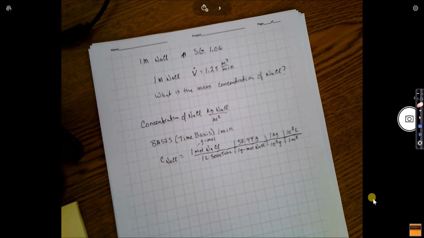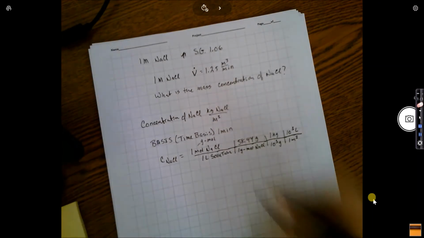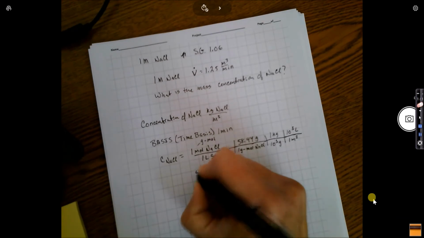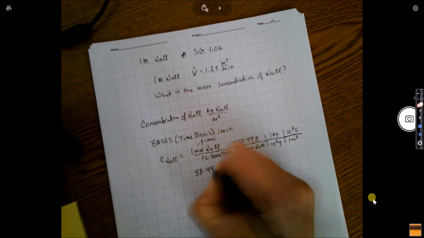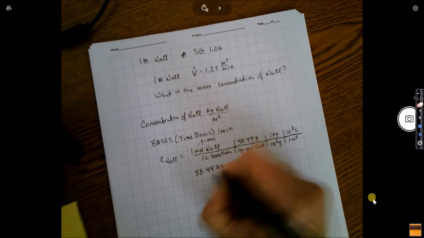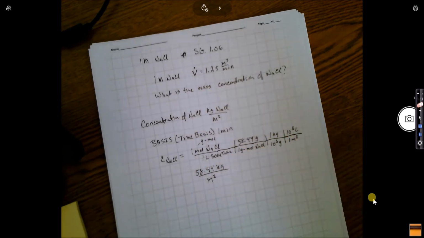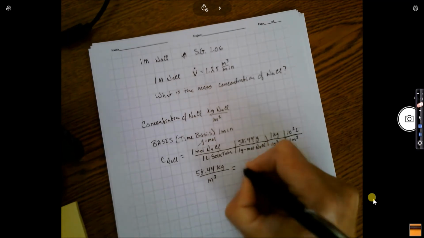It shouldn't be too complex. And the thousands cancel. So you have 58.44 kilograms in a cubic meter. So that's the mass concentration.